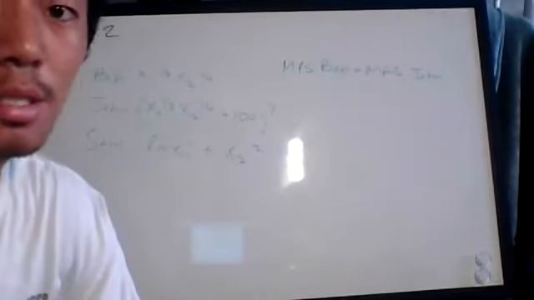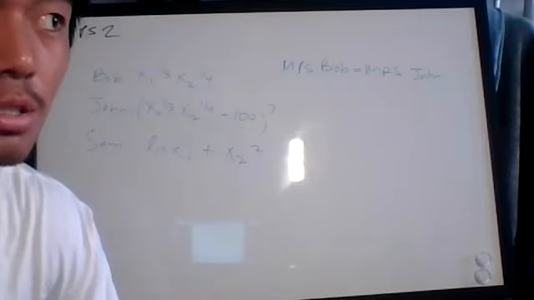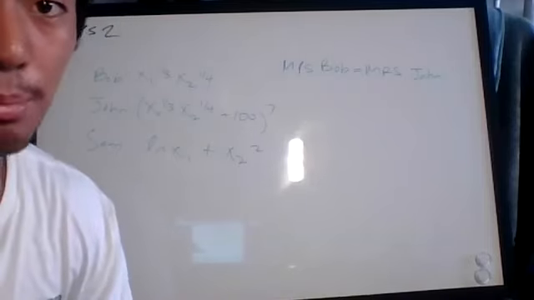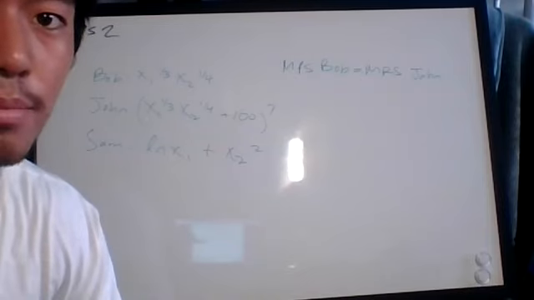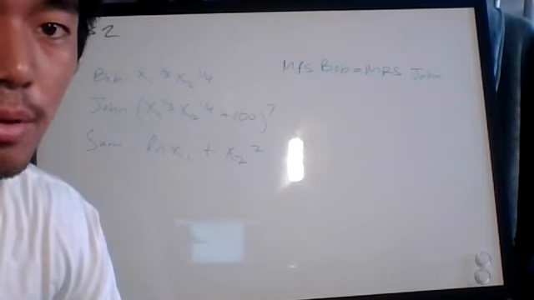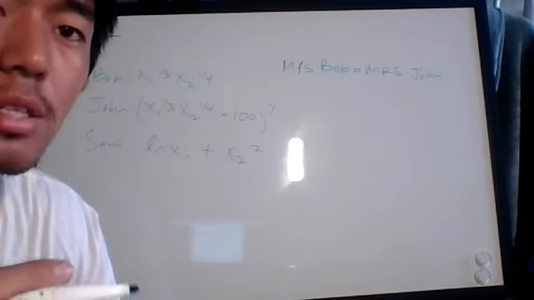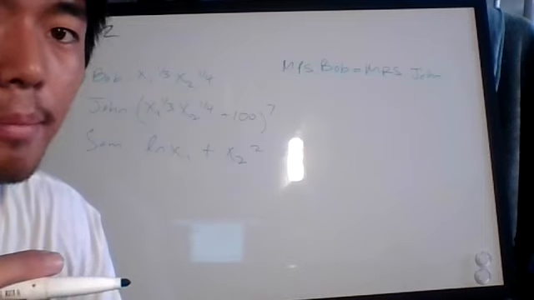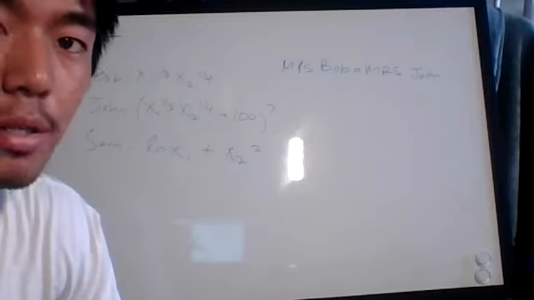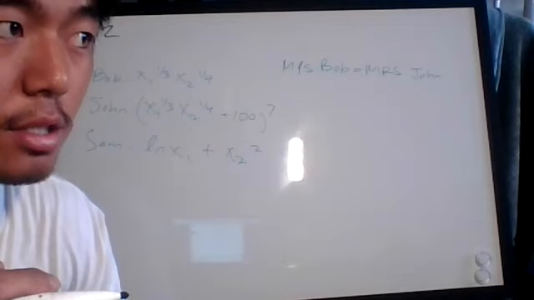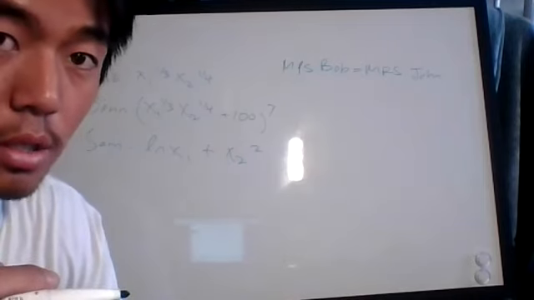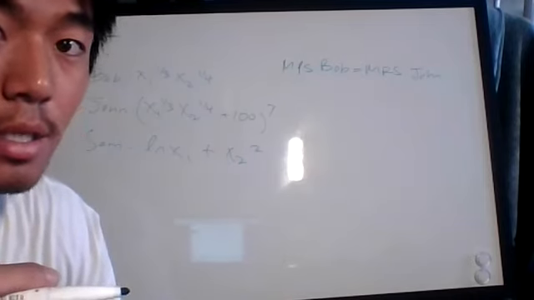Which means that if they're facing the same exact prices, which we assume they are, they're going to have the same exact point. So let's take a look at the answers. Bob's MRS is bigger than John's. Well, we just described the fact that they are equal to each other, so that can't be right.